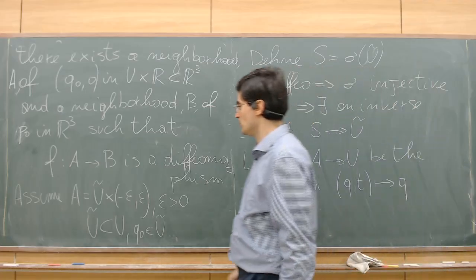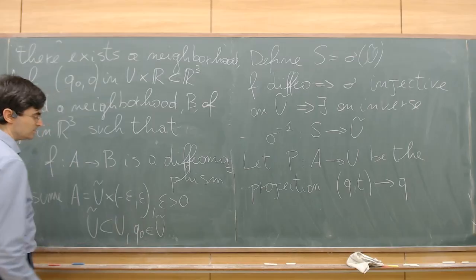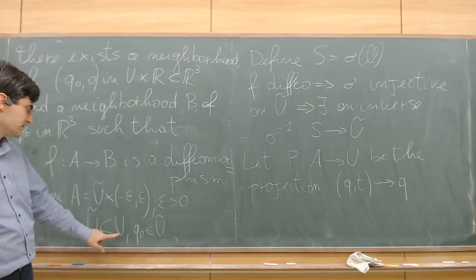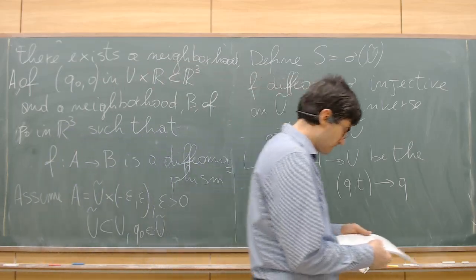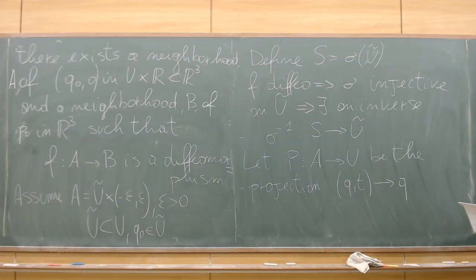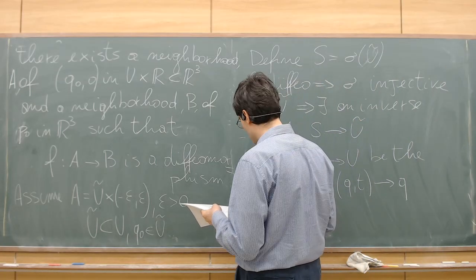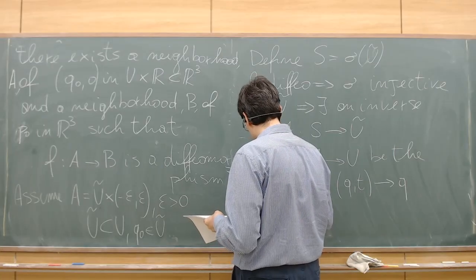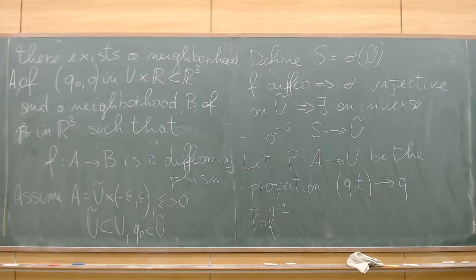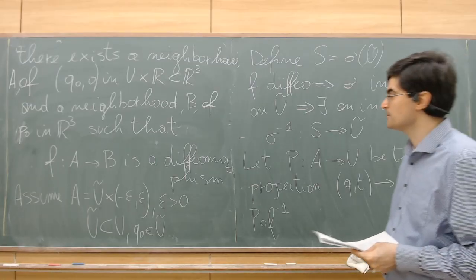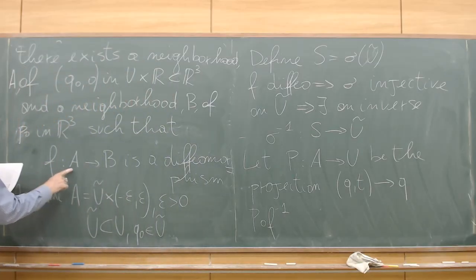This is possible because we are assuming that A is U tilde times minus epsilon, epsilon, and U tilde is contained in U. So essentially this is a projection of the first component. So what happens if we look at P composed with F inverse? P composed with F inverse is defined on B because F is defined on A and takes value in B.